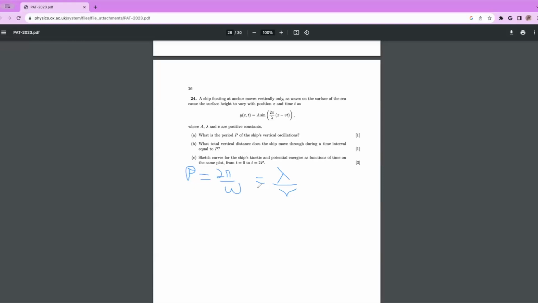I don't know. Sketch curves for the ship's kinetic and potential energies as functions of time on the same plot. From t equals 0. Nope, I'm not doing this. Okie dokie, never mind.